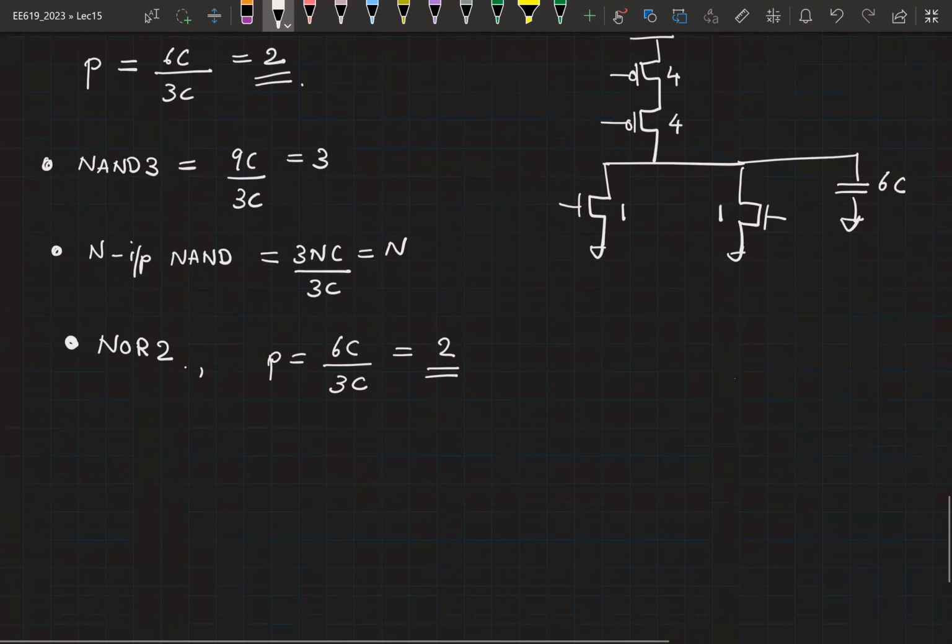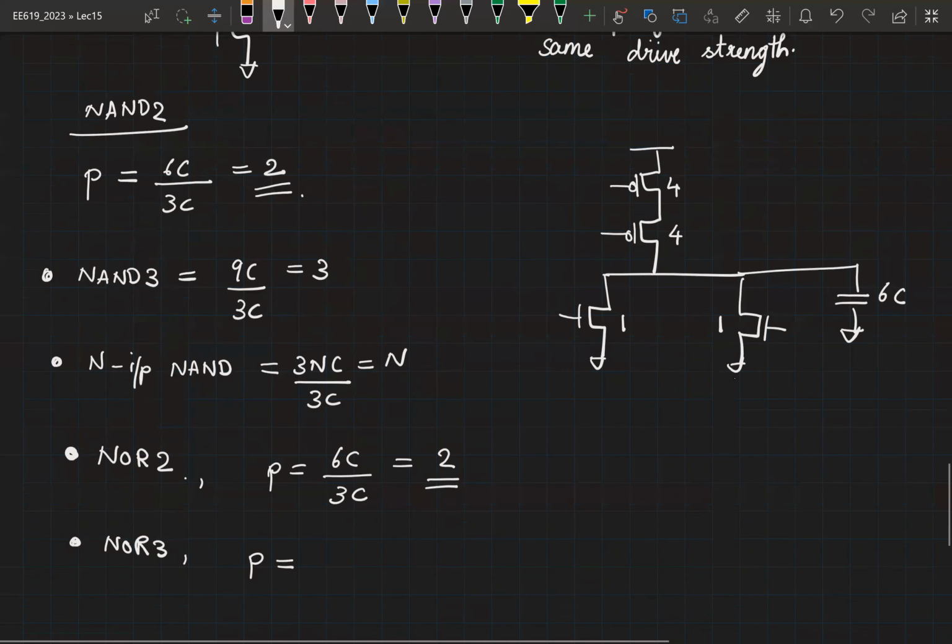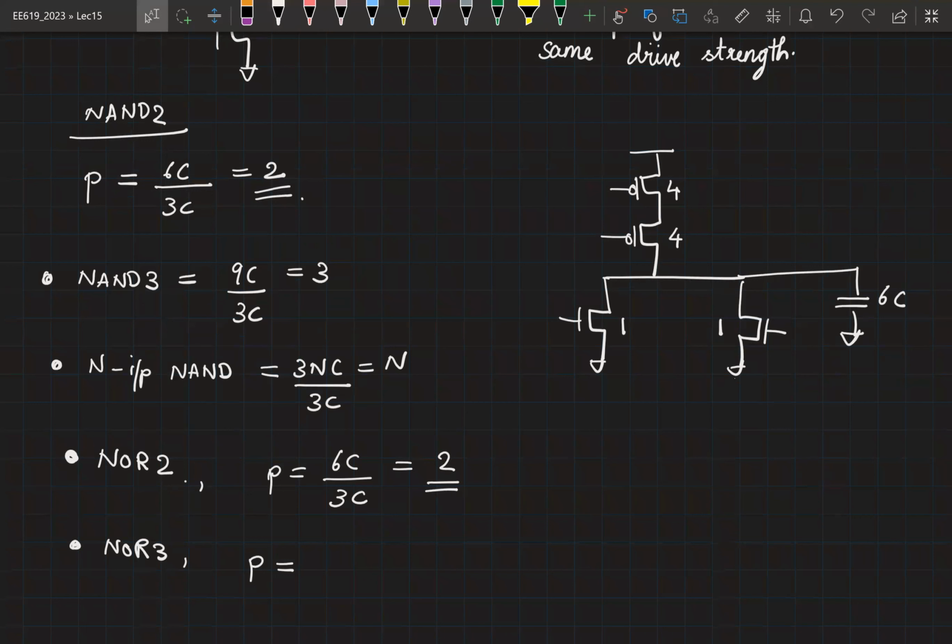Okay. So you can do NOR3. Let's actually do NOR3 also immediately. What is it for NOR3? So what should be the value of PMOS? These are sized at 6.